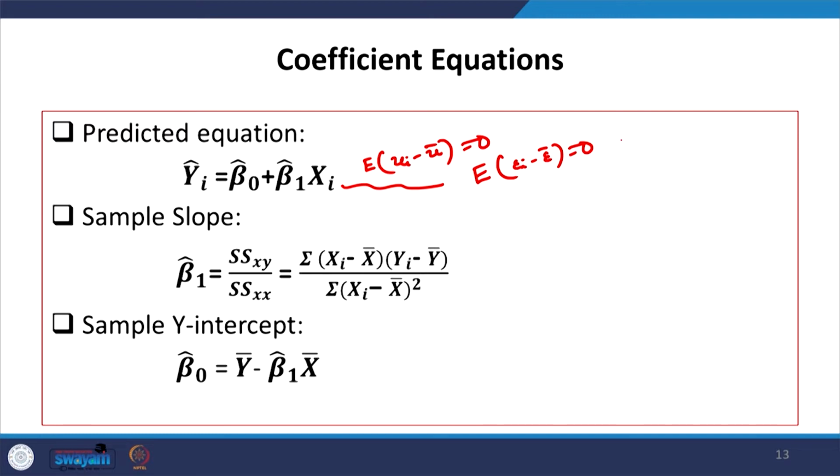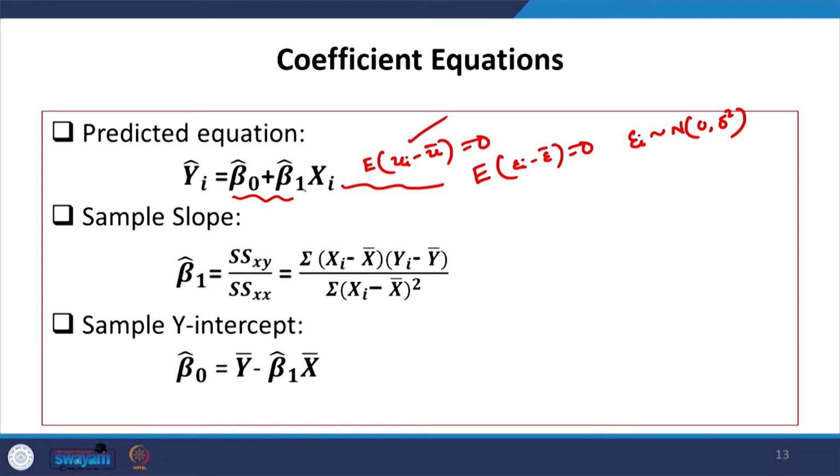The assumption is that our distribution is normal, distributed with mean 0 and variance sigma square. When this assumption is fulfilled, the error term is estimated to be 0.